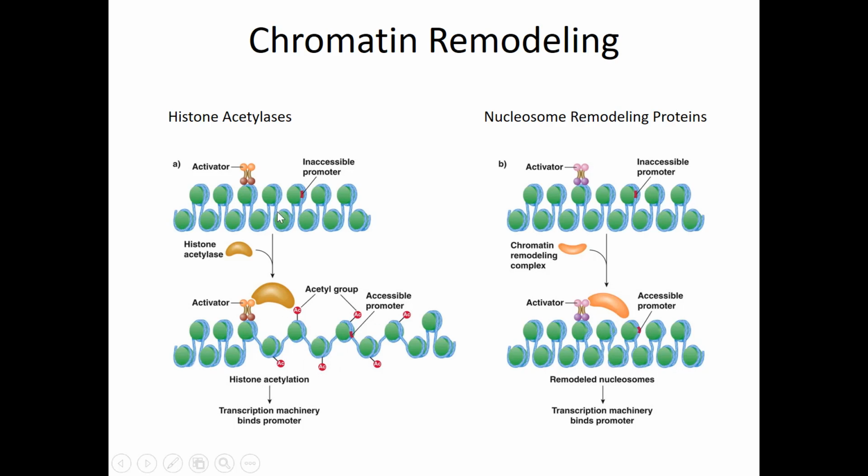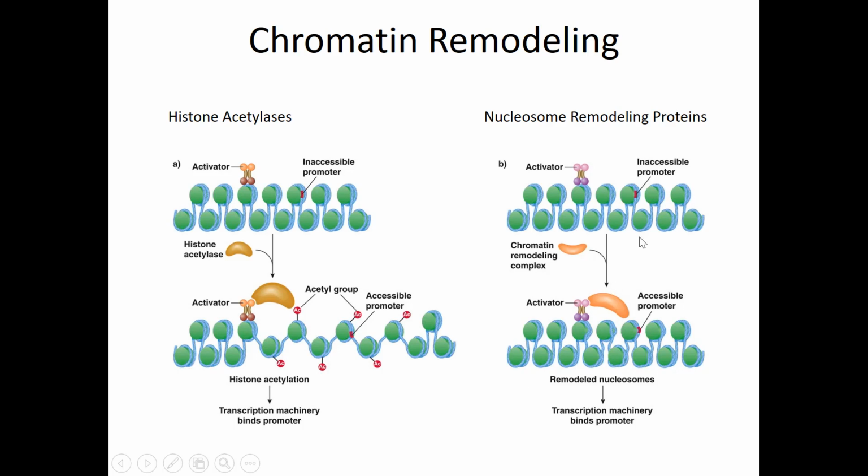But this is more long term, and so if you were to look at a liver cell and you know where the genes are that code for proteins that are active in liver cells, let's say alcohol dehydrogenase, the enzyme that metabolizes ethanol. You know where that's located in the genome, and you went and looked on the chromosome where that gene is, you're going to find acetyl groups there forming euchromatin so that the machinery can access that and transcription can happen.